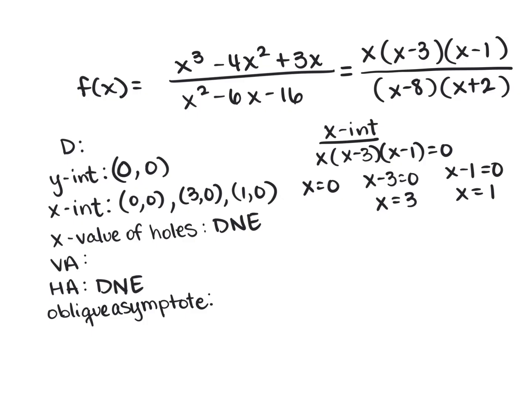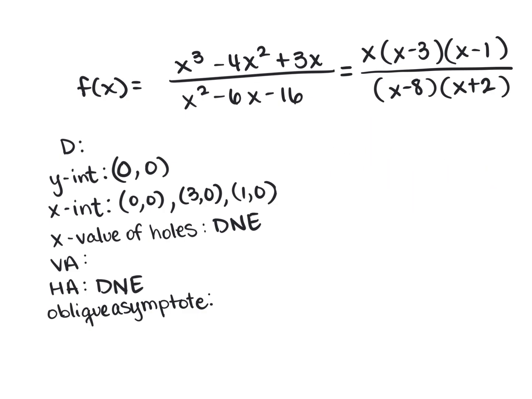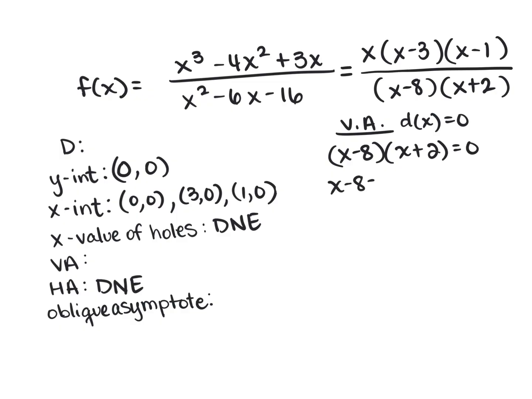All right, next thing we're going to do are our vertical asymptotes. I'm going to erase this. So for vertical asymptotes, we set our denominator equal to 0. So I have x minus 8 times x plus 2 equals 0. So this is going to give me x minus 8 equals 0, which means that x equals 8 is one of my vertical asymptotes.